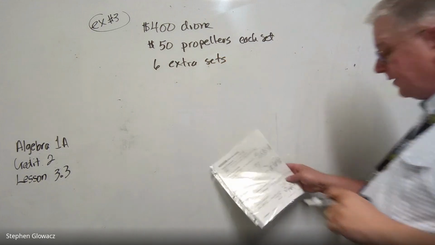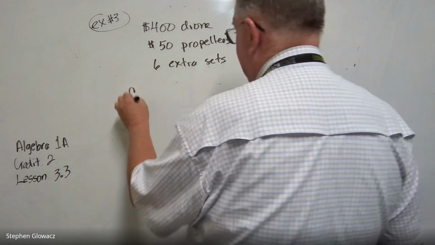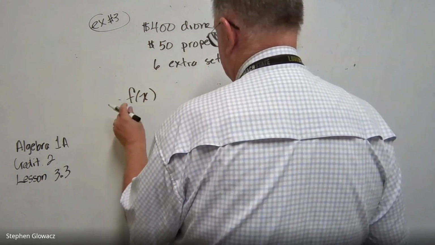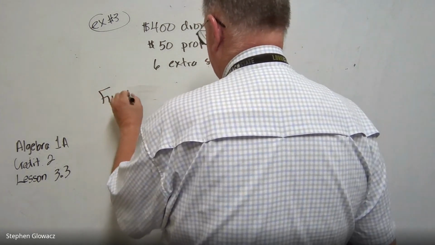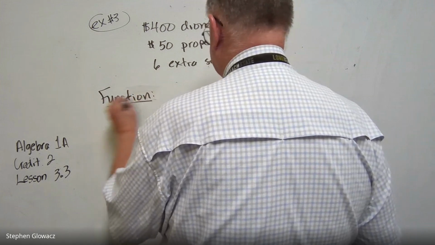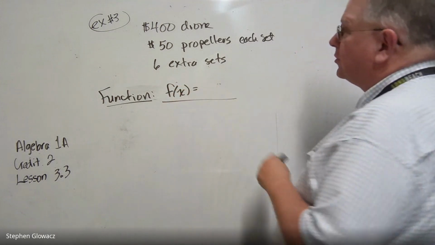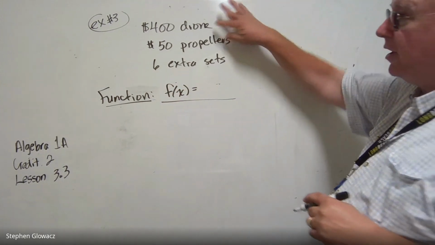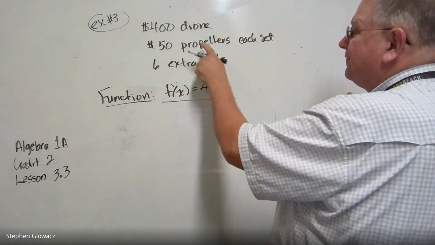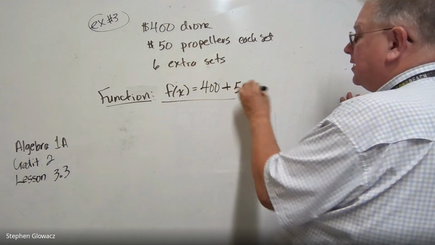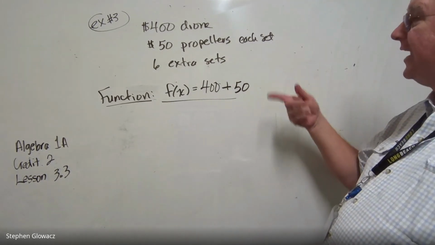All right, so the first thing we're going to do is they want you to write the function. So we're going to say f of x. So on the function line, we'll say f of x equals, so we'll start with the cost of the drone, which is $400, plus $50. Well, if we were buying one set of propellers, it would just be $50, but for each set.